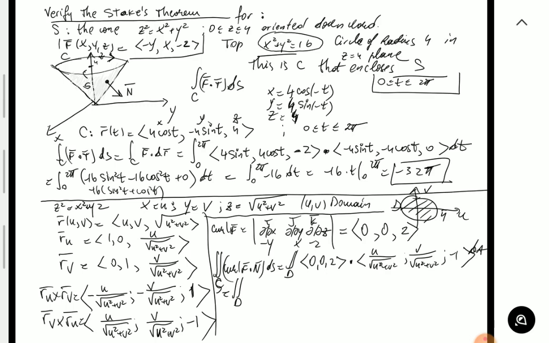So in the end, this also becomes a constant, right? So that's as easy as it gets. The dot product will be actually minus 2 because it's 0 plus 0 minus 2, dA. We're going to do this via polar coordinates because of the shape of the parameter domain. So in polar coordinates, the bounds are 0 and 2 pi for theta because it's a full disk, and 0 to 4 for the radius, negative 2, and then dA in polar coordinates is r dr d theta.